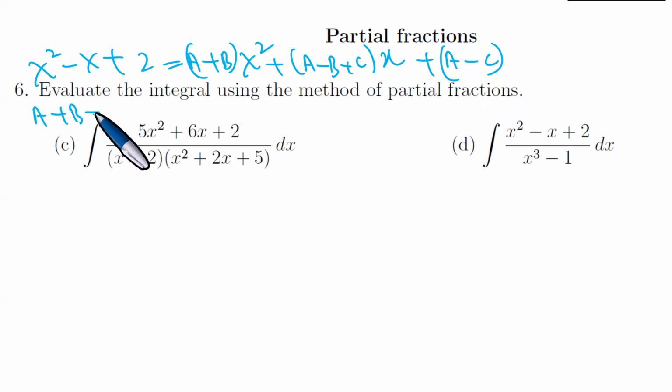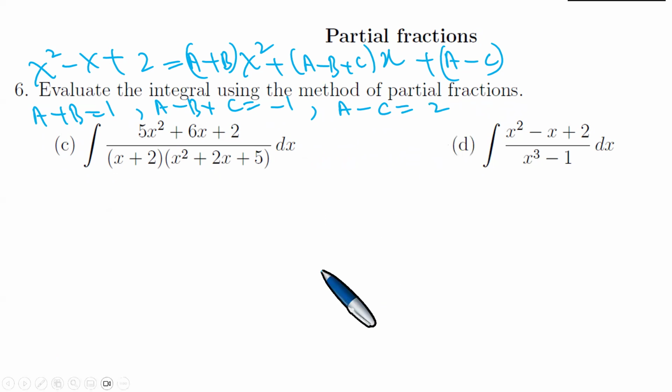Getting a plus b equals 1, a minus b plus c equals negative 1, and a minus c equals 2.